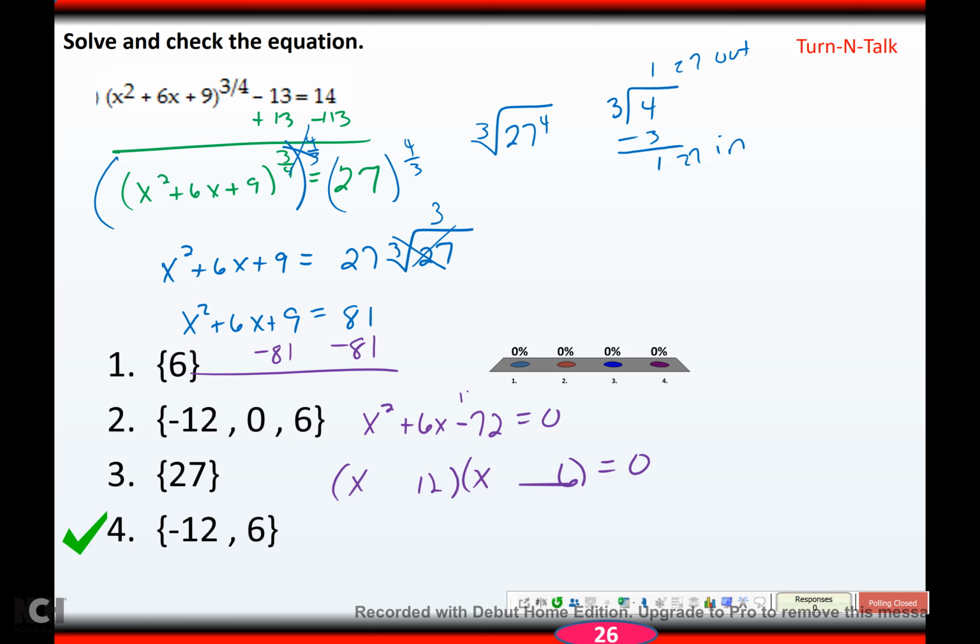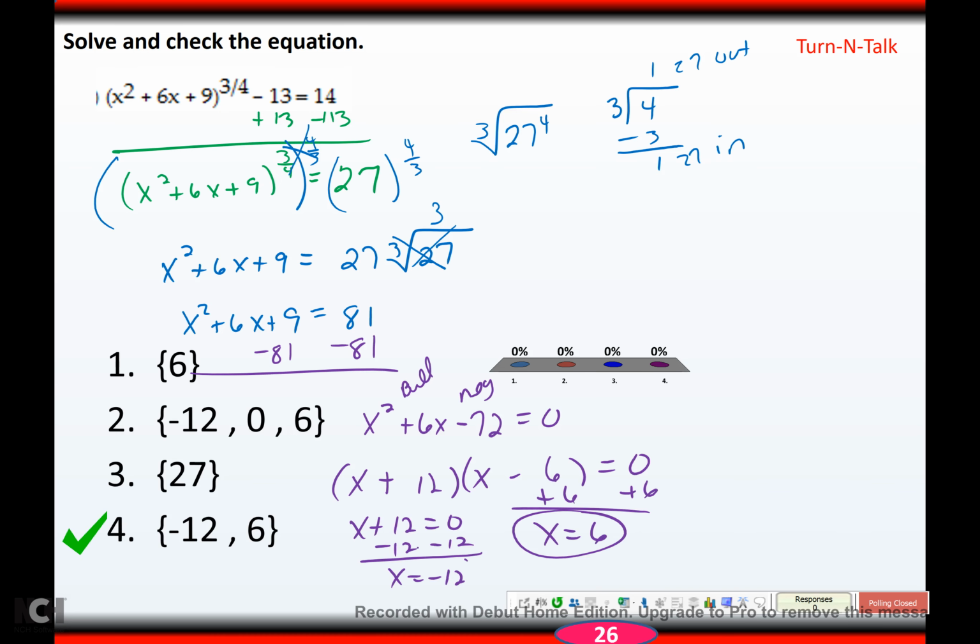Since C is negative, only the bully gets the positive, so 12 is positive and 6 is negative. So solve it. X plus 12 equals 0, minus 12, x equals negative 12. Add 6, x equals 6. And again, you need to check them on a calculator, but they both work.